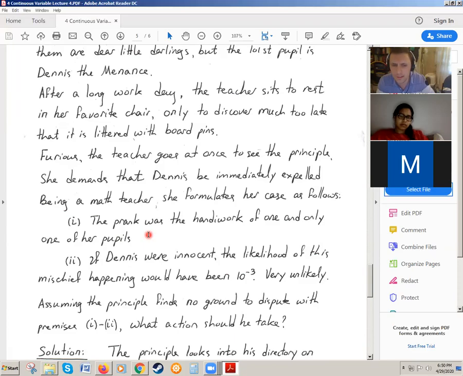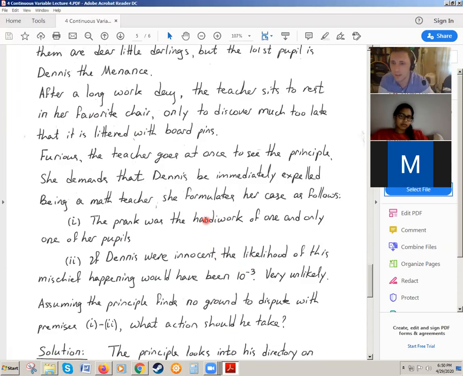And she is convinced with the following. If Dennis were innocent, the likelihood that this would have happened is 10 to the minus 3, supposedly a small probability. In other words, she's saying it couldn't be anything else, because if he were innocent, it would be very unlikely. Maybe you don't believe this is unlikely enough, but let's say for our purposes that's quite unlikely.